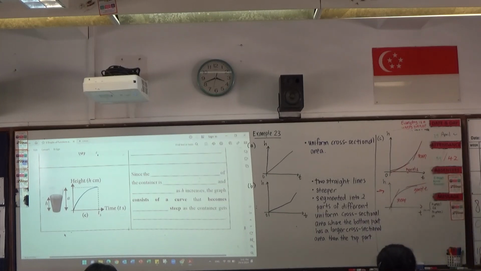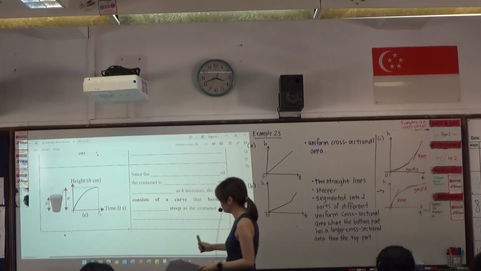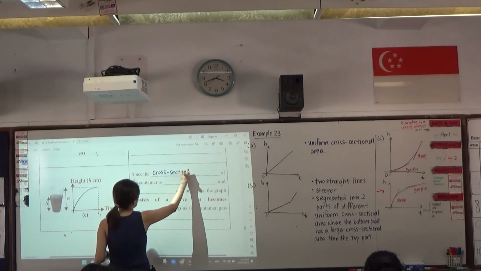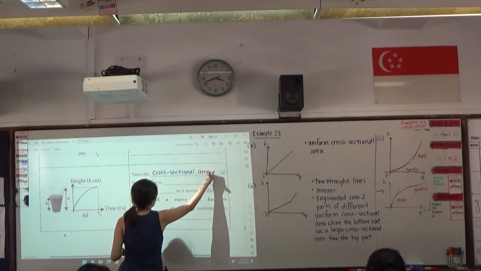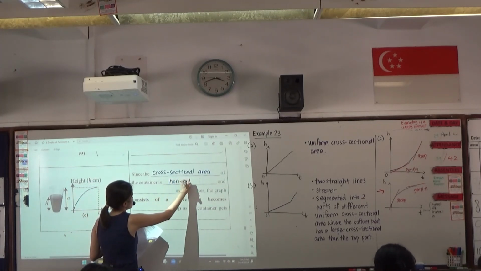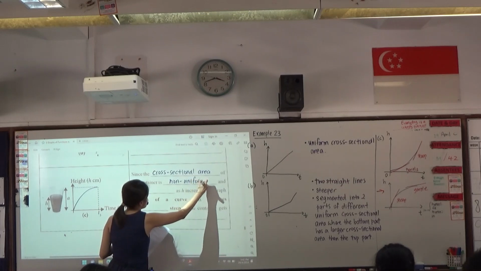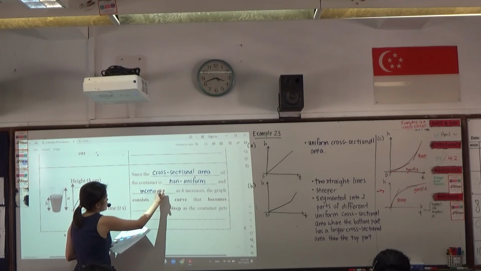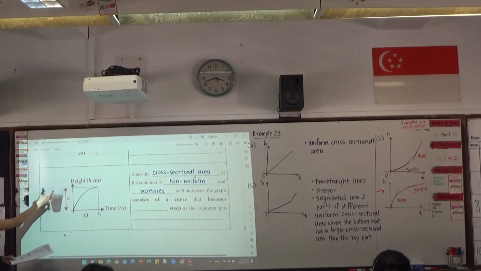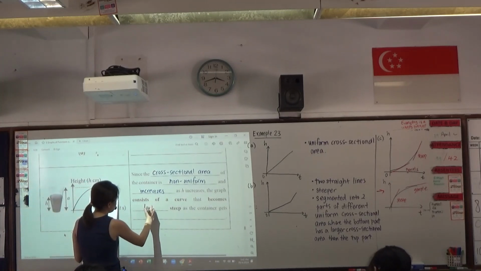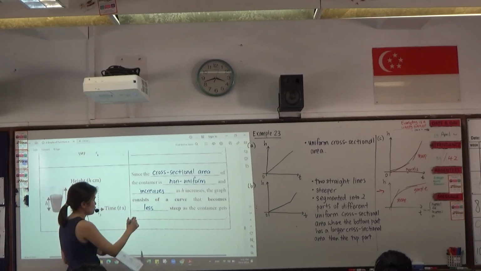To explain it, we will say that since the cross-sectional area of the container is non-uniform and increases, the area itself increases as your height increases, the graph consists of a curve that becomes less steep as the container gets wider at the top.